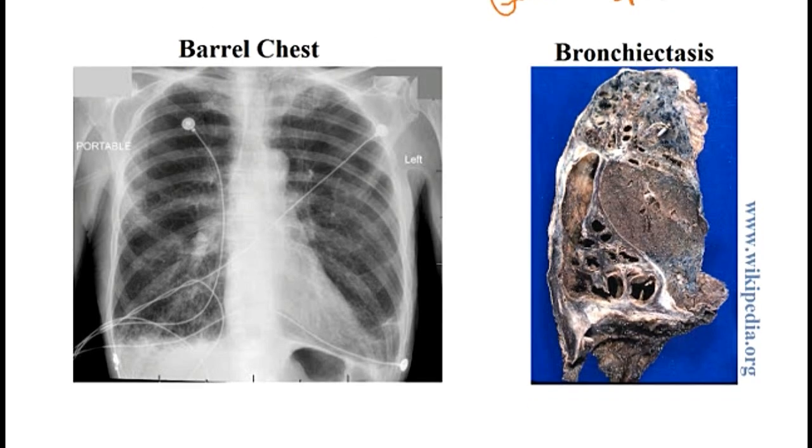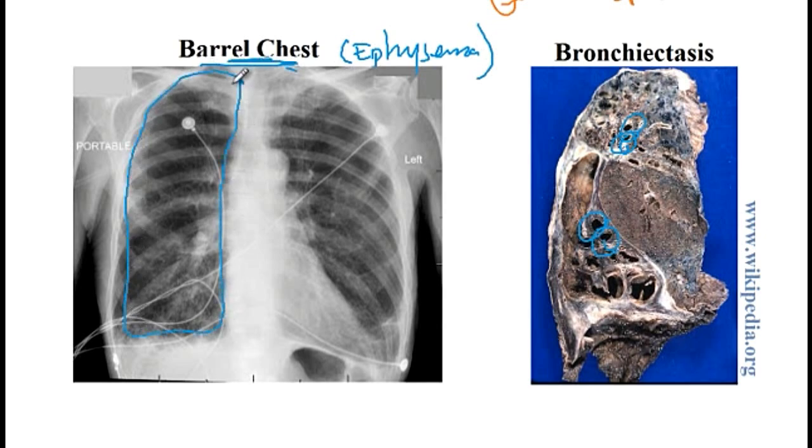So here you can see in the bronchiectasis there is dilated bronchi in these patients. And then barrel chest is seen with the emphysema. And this is given the name barrel chest because, as you can see, the lungs have a barrel appearance, versus the normal lungs, which would have an appearance like this.